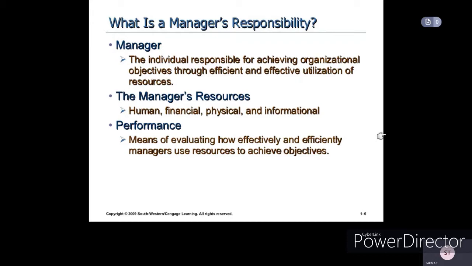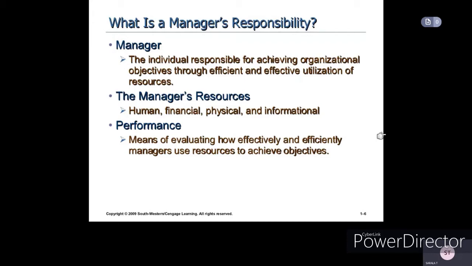The manager's resources are human, financial, physical and informational resources. Human resource means that under the manager there will be many groups of people working under him. Whatever work the manager assigns, they will do. Financial means the amount of money needed to obtain all the resources.